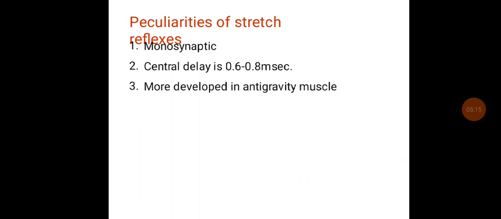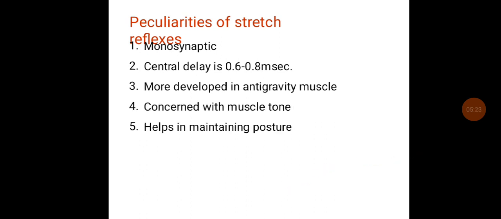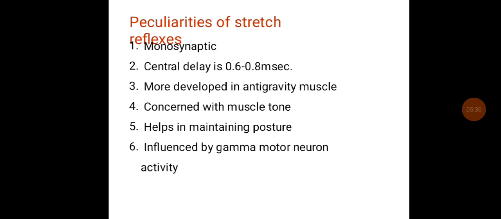The peculiarities of knee or stretch reflexes are that they are monosynaptic. Central delay is around 0.6 to 0.8 milliseconds. They are more well developed in anti-gravity muscles. Obviously, they are concerned with muscle tone and help in maintaining posture. They are influenced by gamma motor neuron activity, which is linked with alpha motor neuron activity, called the gamma-alpha motor link.